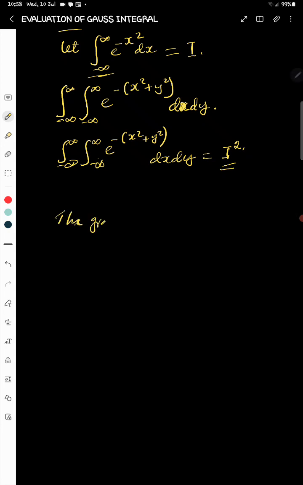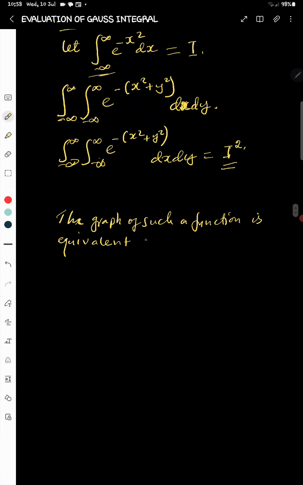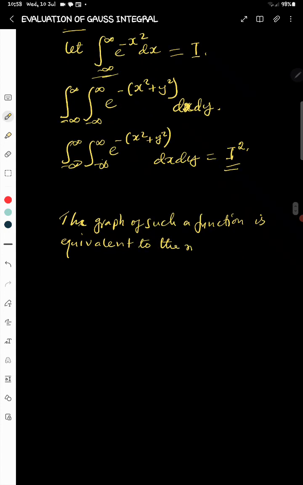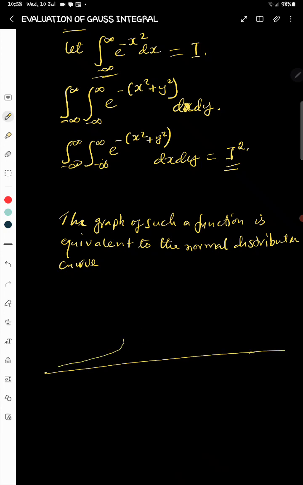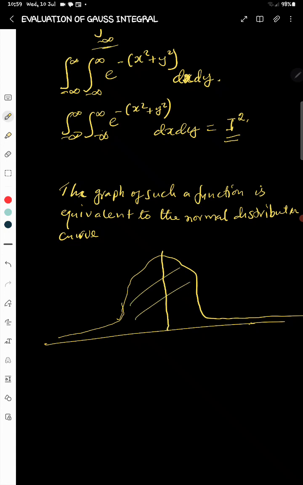The graph of such a function is equivalent to the normal distribution curve, which looks like this. f(x) is equal to e raised to negative x squared, like this.